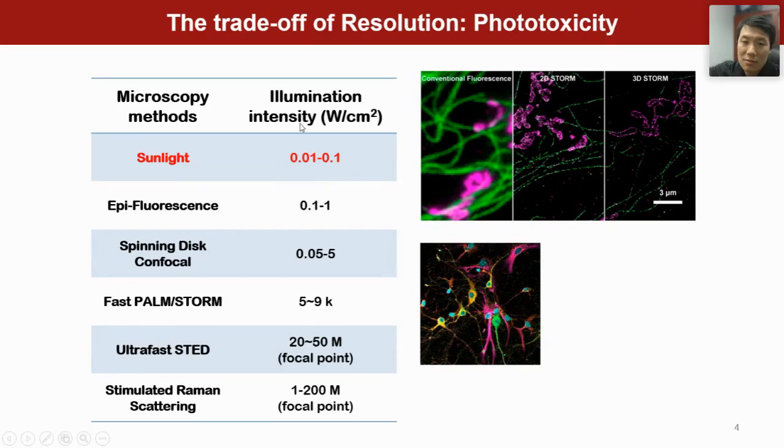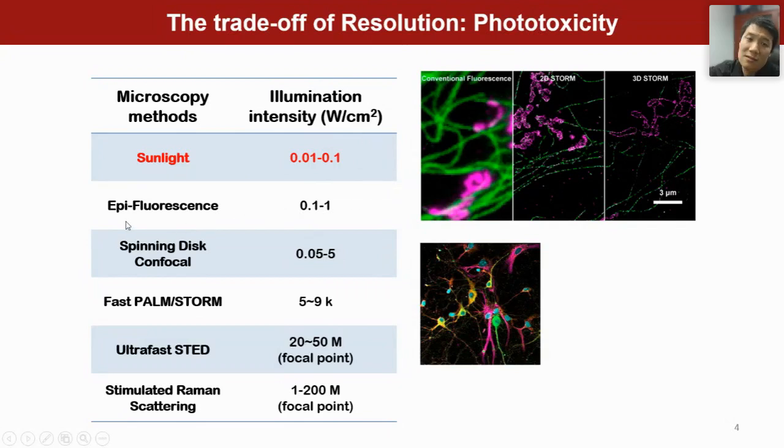Why does that matter? Because when microscopes become stronger and stronger, the resolution becomes finer and finer, it comes with a cost: the light has to be strong enough to capture enough information. For example, the sunlight intensity is around 0.01 to 0.1 watts per centimeter square.